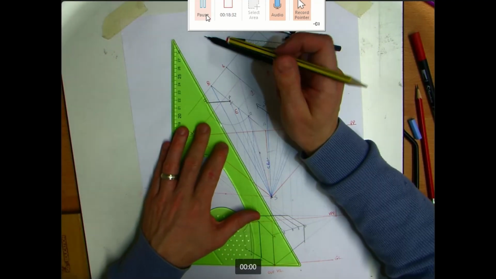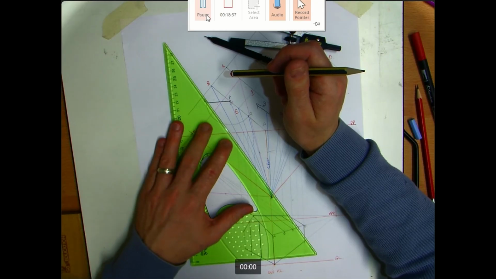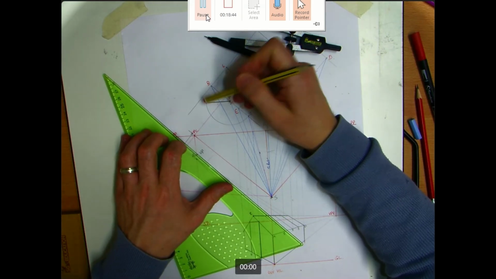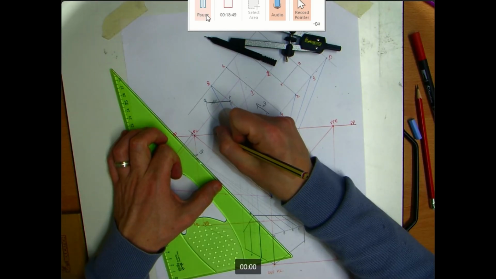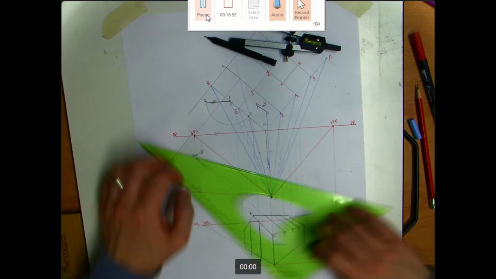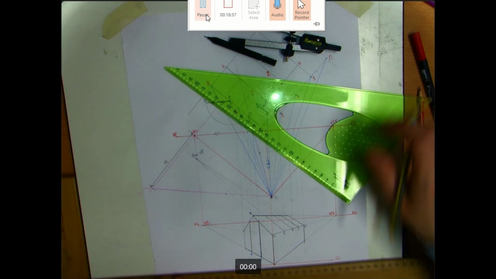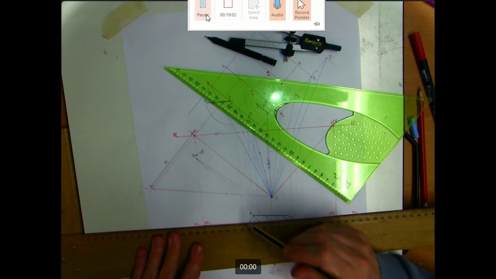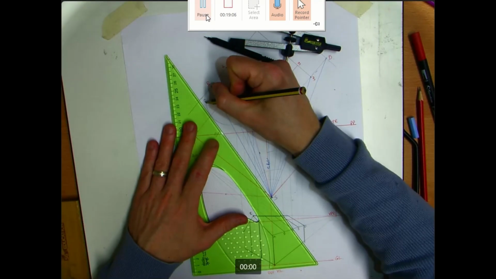Now PQ is parallel to our picture plane. Our picture plane is horizontal, ground line is horizontal, horizon line is horizontal, therefore PQ on the ground is going to be in a horizontal position. And at the top of the door, how do we figure out where that stops? So what we do is the same as what we've done for every other point.